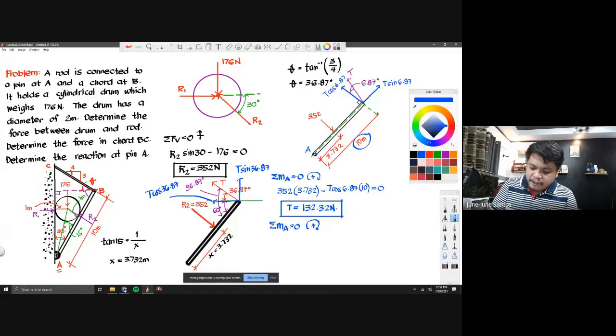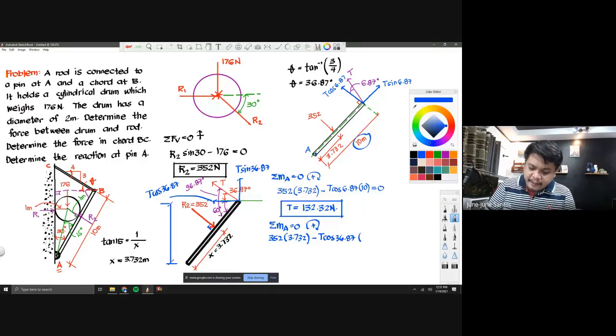Okay? Unahin ko muna to kasi ito perpendicular naman siya eh. So, you have here 352 multiplied by 3.732. Okay? Pero ito, yung T, so minus T cosine of 36.87. Kaya lang yung moment arm niya, dapat ito ang moment arm na kukunin mo.